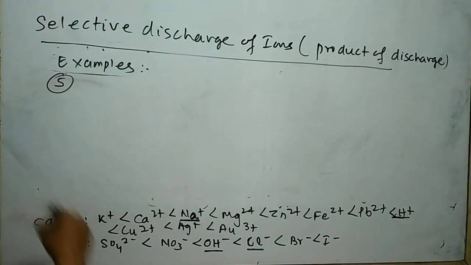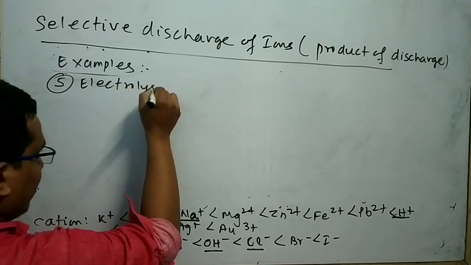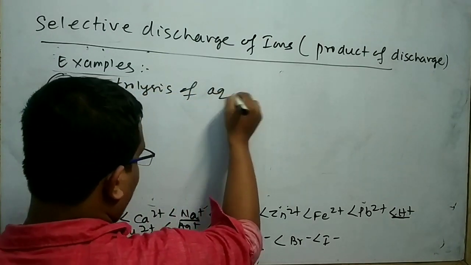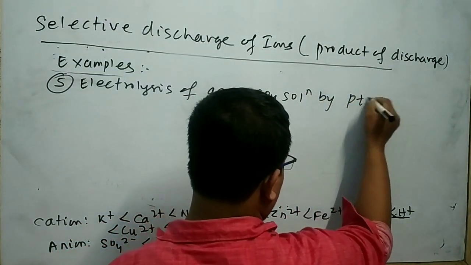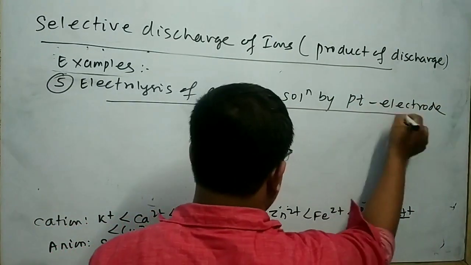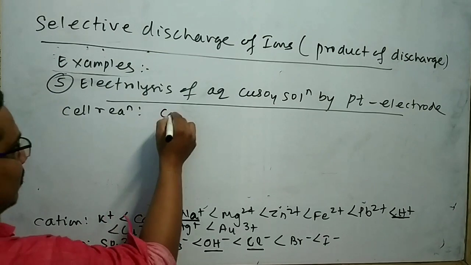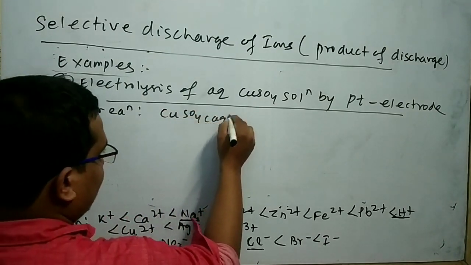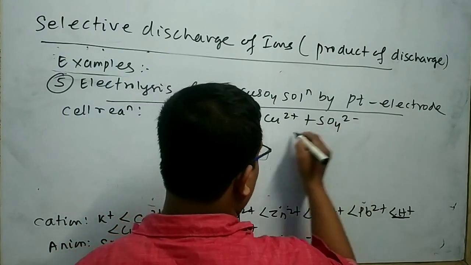Next I will discuss example number 5. Electrolysis of aqueous copper sulfate solution by platinum electrode. At first I will write the cell reaction. CuSO4 aqueous gives Cu2 plus and SO4 2 minus.